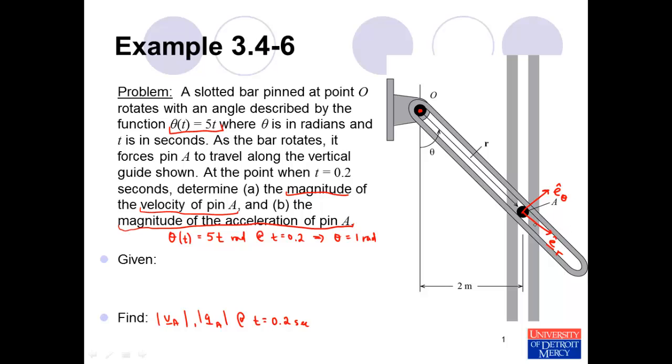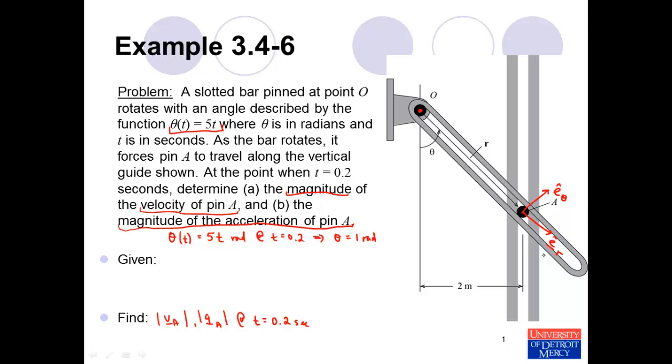It's perpendicular to the radial direction, and it's positive in the direction of increasing theta, which in this case is that direction. This is again a body fixed coordinate system, so as the particle moves, the reference frame will move with it and rotate with it.